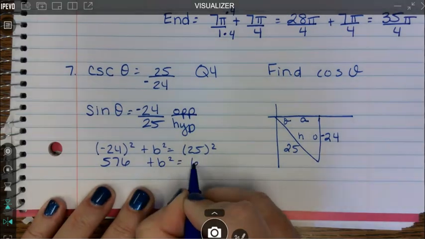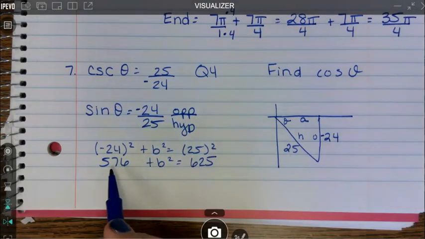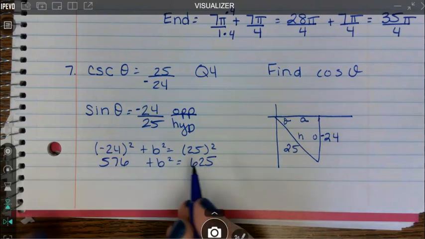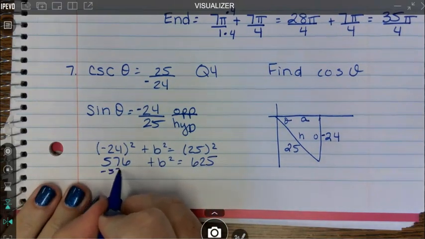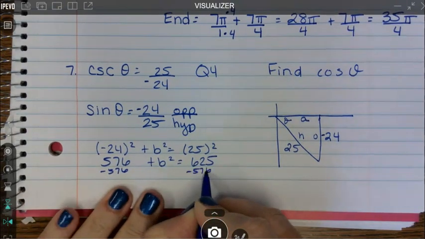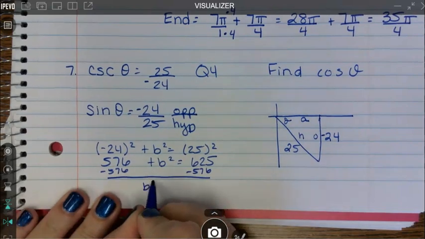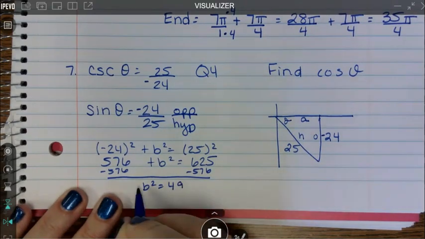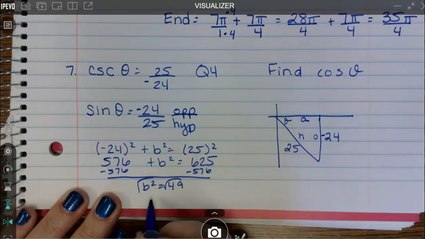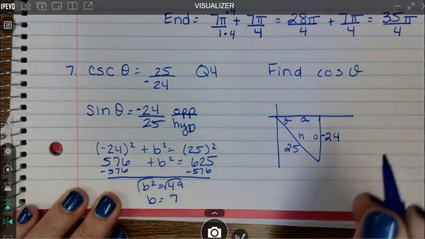Equals 625. You subtract this to the other side. We get b squared equals 49. We square root both sides and we get b equals 7.